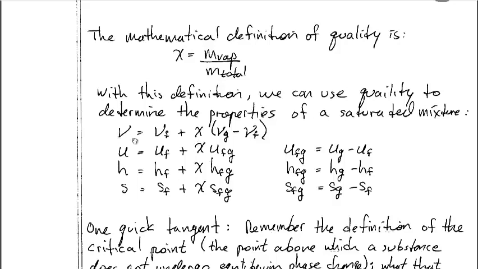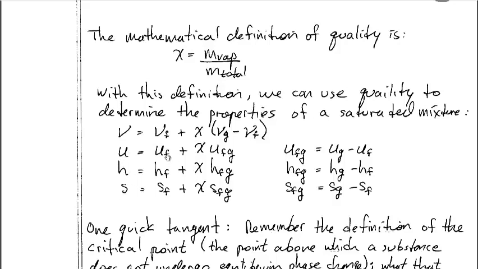Okay, so what it says is that the specific volume of the two-phase mixture is equal to the saturated liquid specific volume plus the quality times the difference between the saturated vapor and saturated liquid specific volumes. The equations for internal energy and enthalpy and entropy look very much the same.